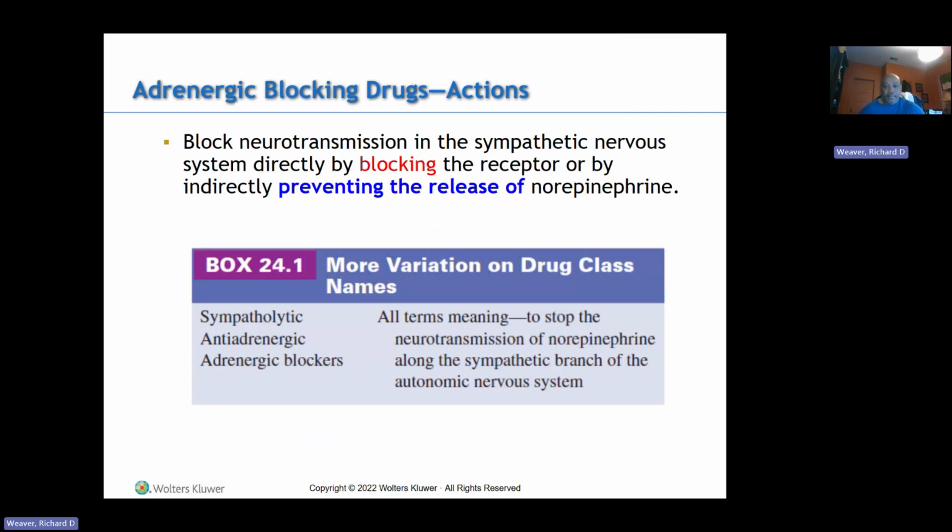All right. Now, from the last chapter, we know stimulation of the alpha adrenergic nerves results in what? Vasoconstriction. We're talking about the arteries, for example. Now, if stimulation of alpha adrenergic nerves is interrupted or blocked, the result is going to be the opposite. Not vasoconstriction, but what is the opposite of vasoconstriction?